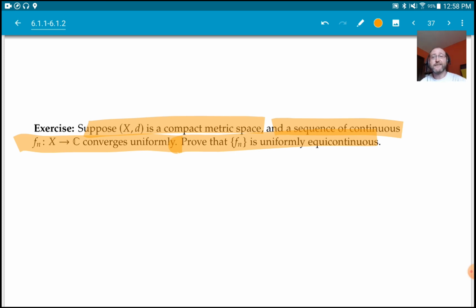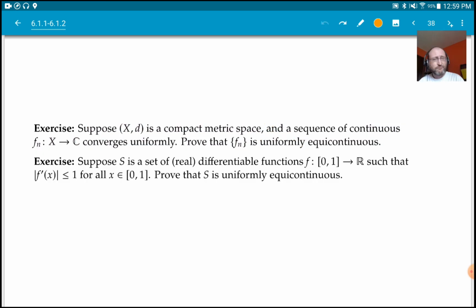To get uniform convergence on compact subsets, the sequence is going to have to be equicontinuous. That makes sense to require, because that's the weakest thing that we could hope for. It has to be at least equicontinuous, and it turns out that's enough.